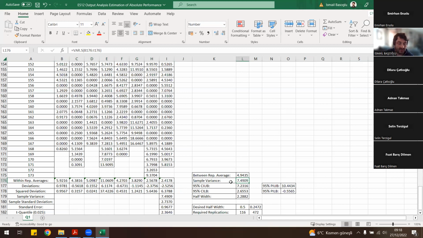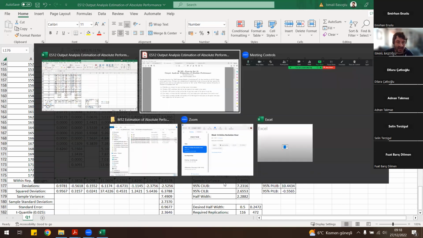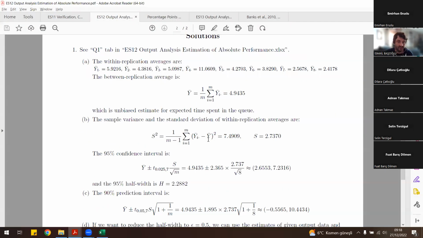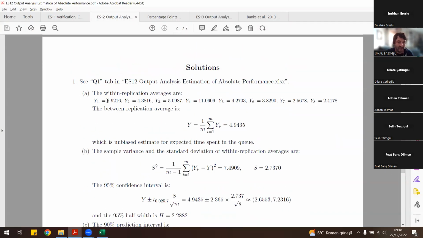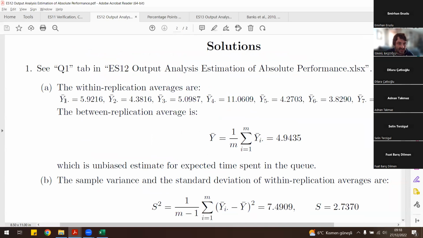Now, how do we calculate it? Let me go back to the solution. These 8 replication averages are here. The first index indicates that this average belongs to the first replication. This average belongs to the third replication.